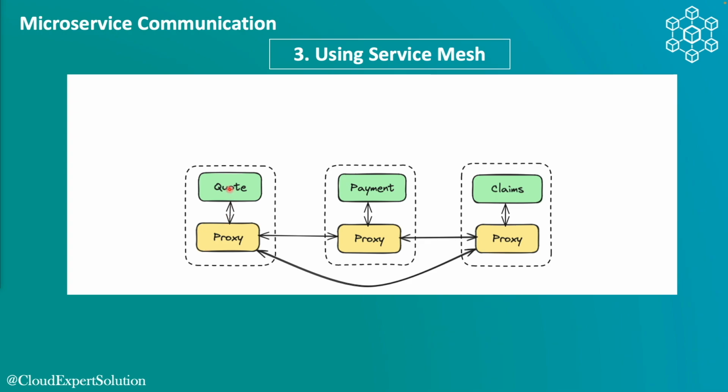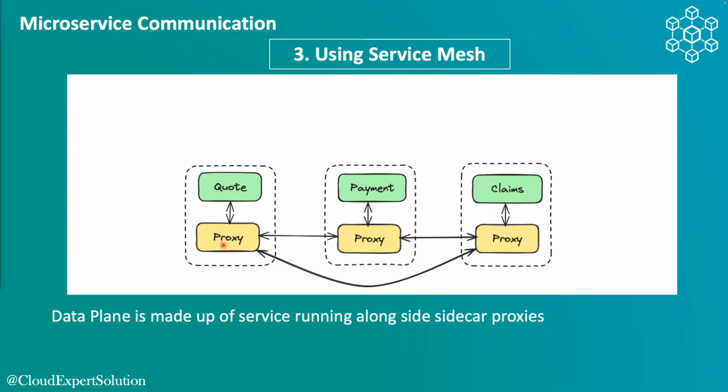These services will handle all the business logic, whereas the proxy will sit between them and establish the communication with other modules or external modules. Now all the traffic, ingress and egress, will occur through those proxies, which are responsible for routing traffic to other modules.